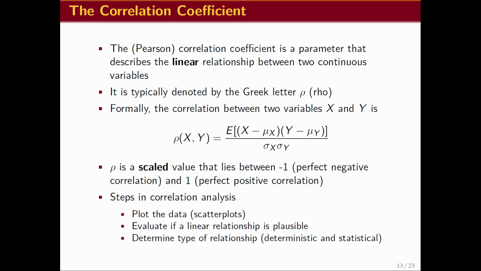The key thing, or another key thing to know about the correlation coefficient, is that it is a scaled value. Okay? So it always takes on values between -1, which is perfect negative correlation, and 1, which is perfect positive correlation. Okay? So by being a scaled value, it's a way for this measure to not worry about the magnitude or the actual values of the two variables that you're looking at, right?